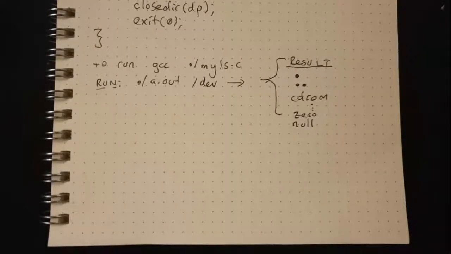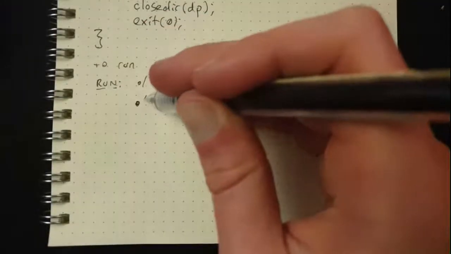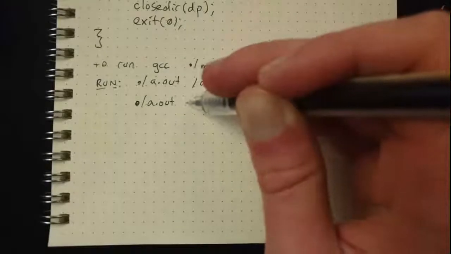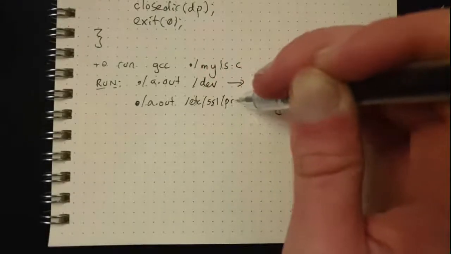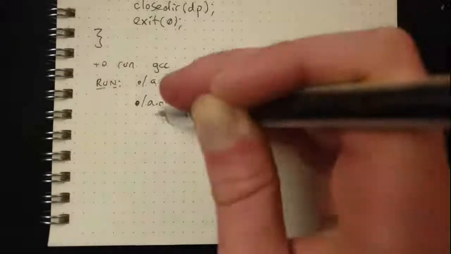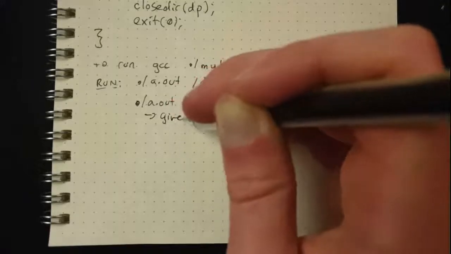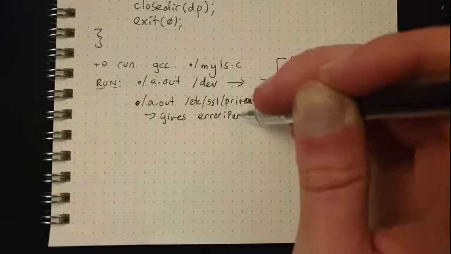Now if you try to run this on a directory that you don't have permission for, like ./a.out /etc/ssl/private, it gives the error permission denied.